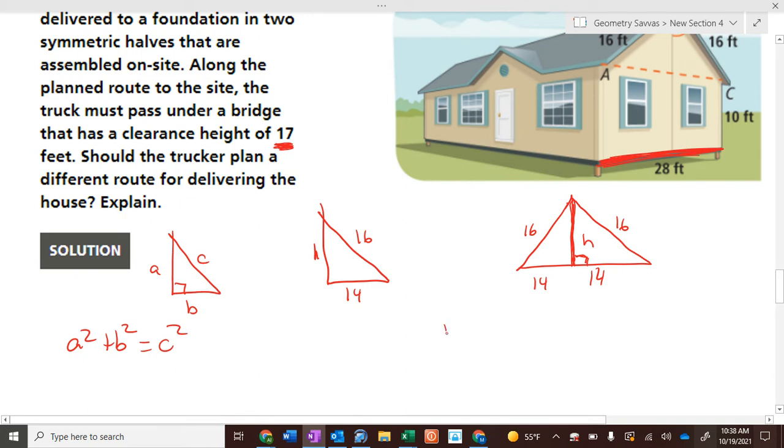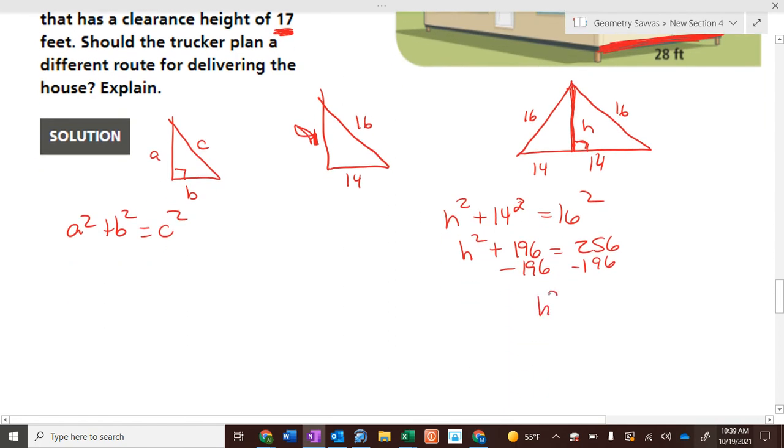So h squared, the height, that's this side, plus 14 squared equals 16 squared. So h squared plus 196 equals 256. So if we subtract 196, we get h squared equals 60.